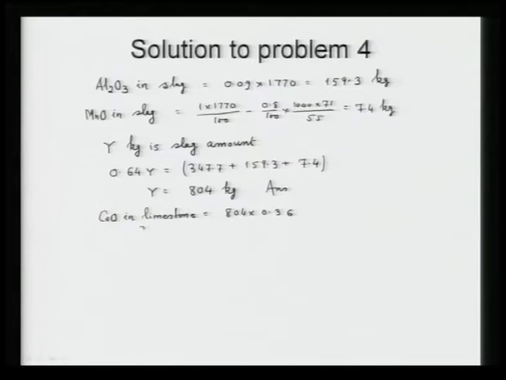So, from here the amount of calcium carbonate, that is limestone, will be equal to 804 into 0.36 into 100 upon 56. So, that will be 518 kg. That is the calcium carbonate.